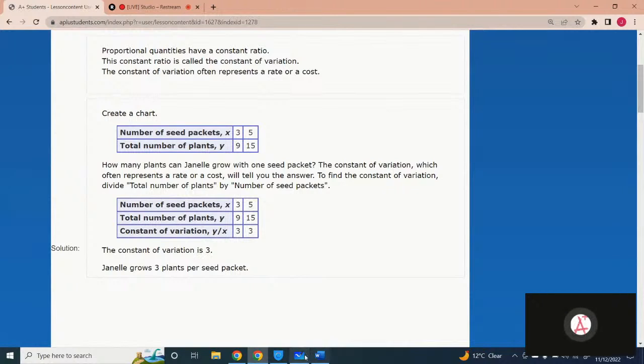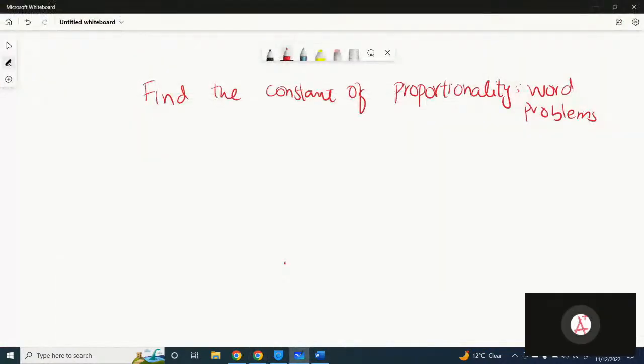So we have the number of seed packets and the number of plants.